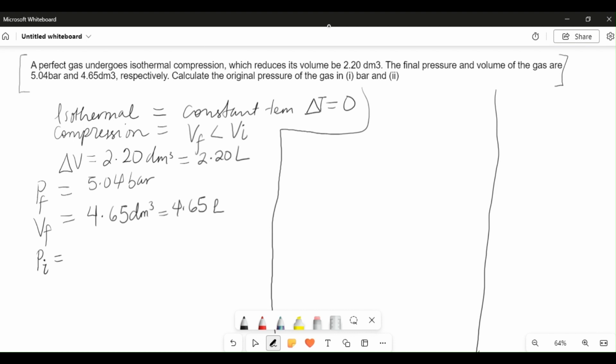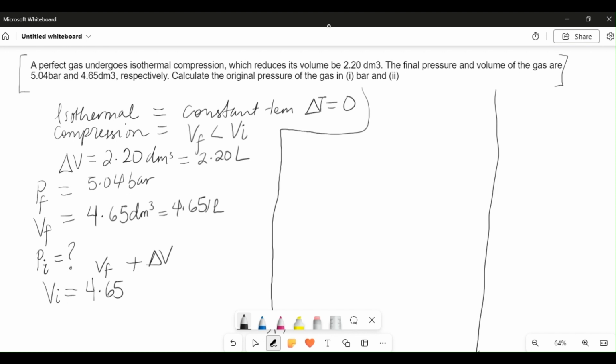Now, the first thing we have to do is determine what V initial is, the initial volume, before we can go on to solve for the initial pressure. Well, the initial volume is going to be the final volume, 4.65, plus the change in volume. This is just us remembering that since this is a compression situation, we're going to have a higher volume number for the initial volume, so it's going to be a plus sign.